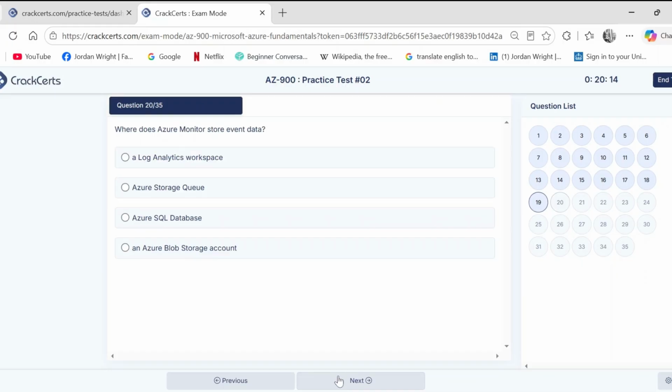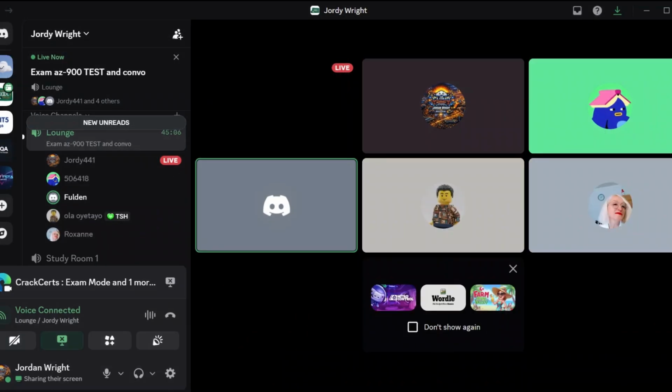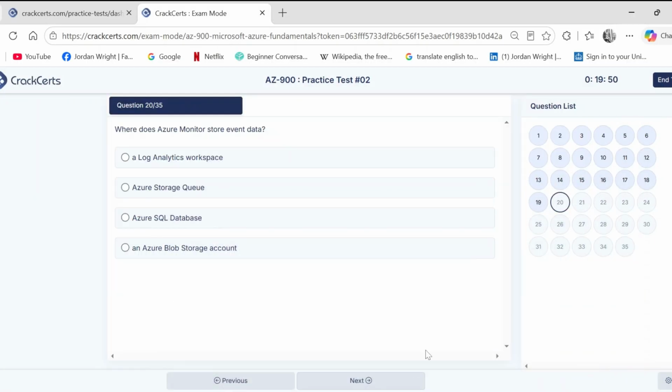She's still muted. On the bottom left of your screen, you will see the input options. Okay, she's unmuted now. We can hear her now.